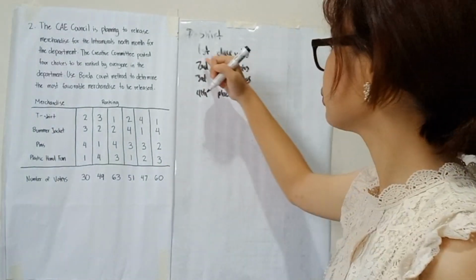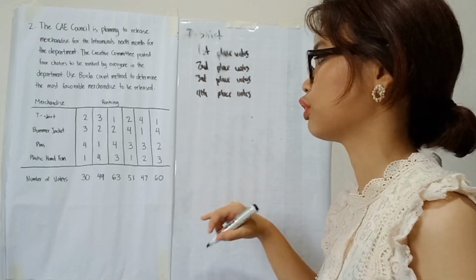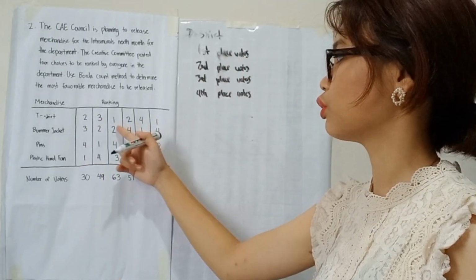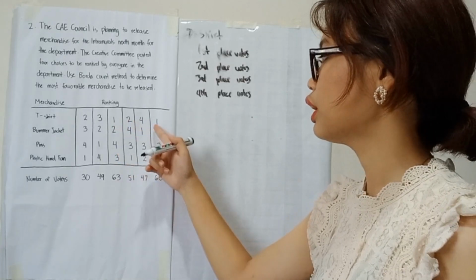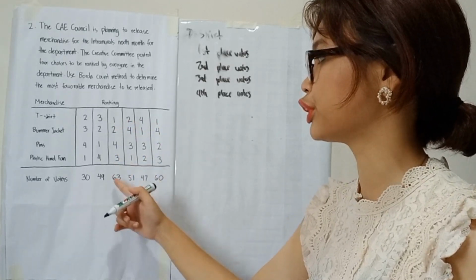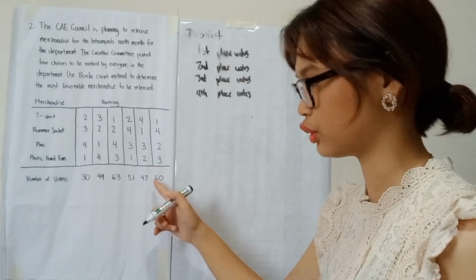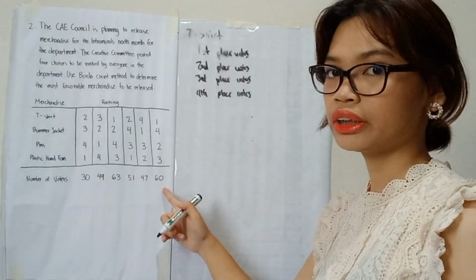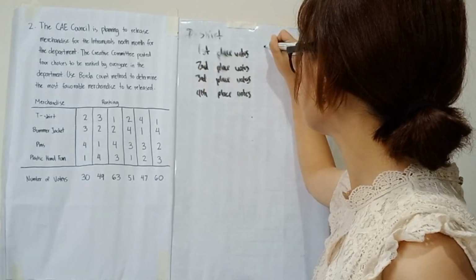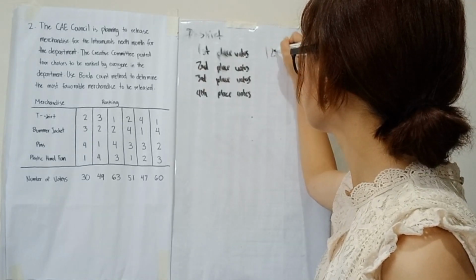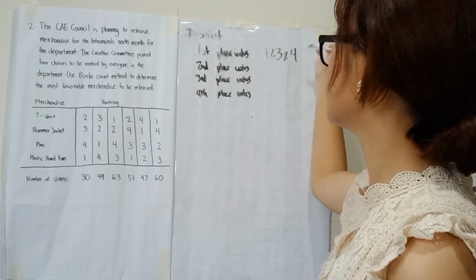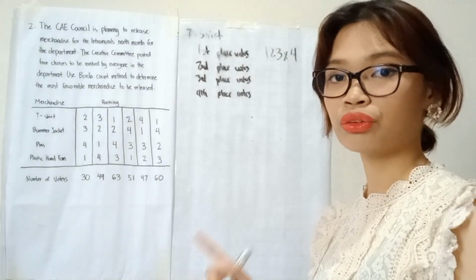So first we have the first place votes. So let's find in the ranking. So we have rank 1 and rank 1 for the number of voters of 63 and 60. So 63 voters plus 60 voters is equal to 123. Times 4, since first place is equal to 4 points.